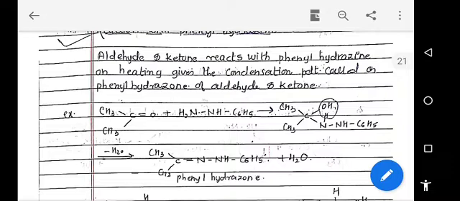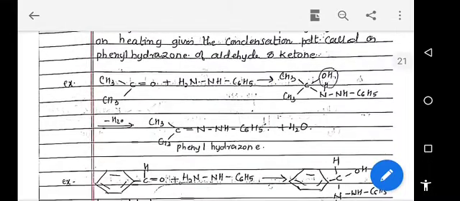On heating gives the condensation product called phenyl hydrazone. This is the phenyl hydrazone, having the structure with a double bond N NH C6H5, that is phenyl hydrazone as the product.